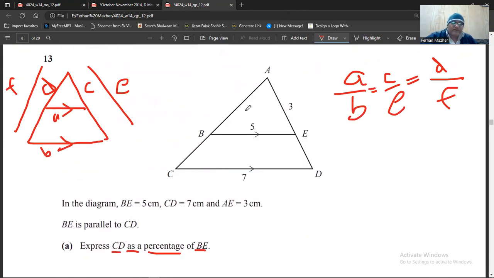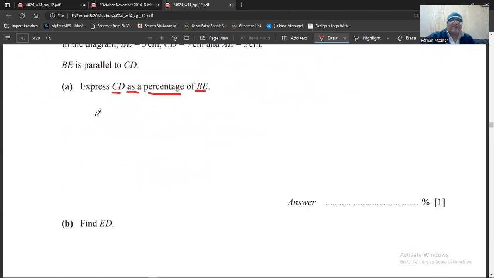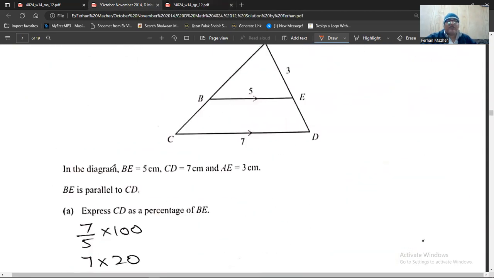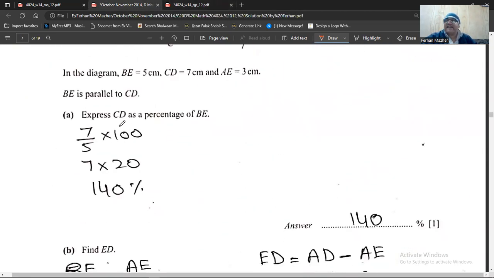First of all, I need to find CD as a percentage of BE. This is 7, this is 5. So the method will be very simple. CD is 7, BE is 5, and the percentage will be multiplied by 100. So very simple, straightforward question.